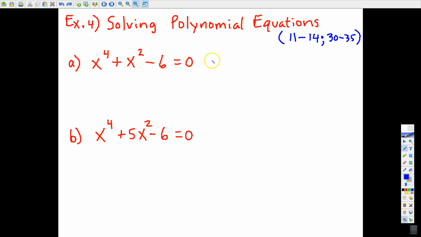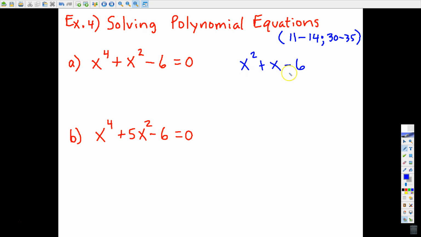Let's think of this in terms of a quadratic, meaning x squared plus x minus 6. You could think of this as the quadratic cousin of this quartic trinomial.